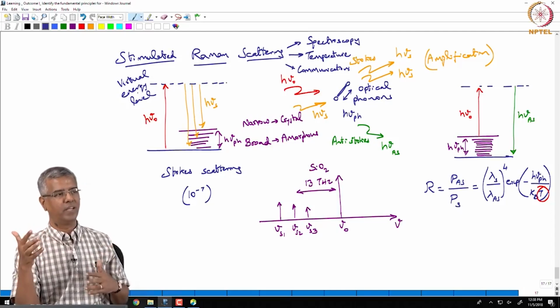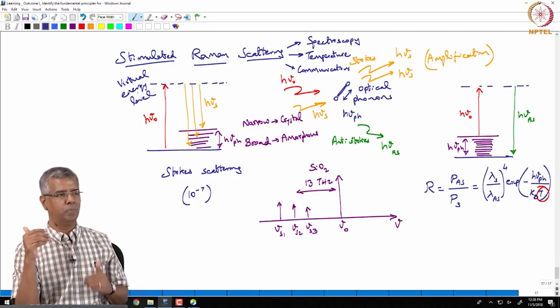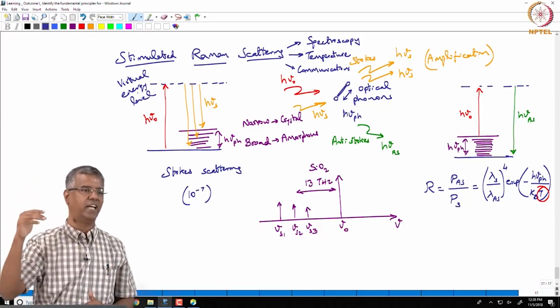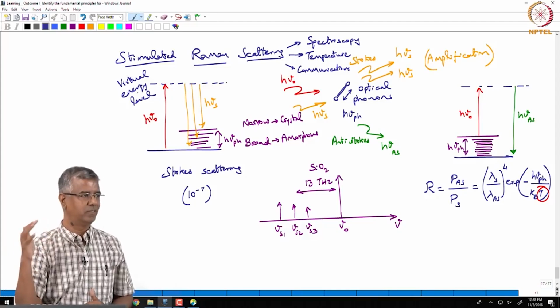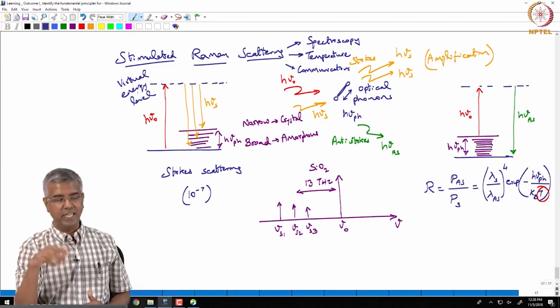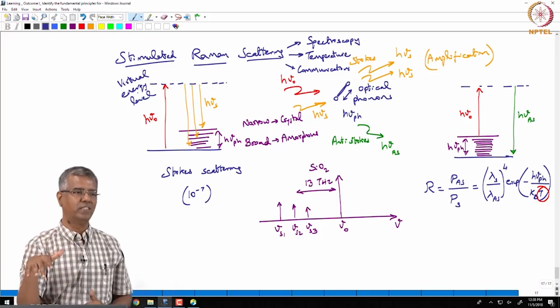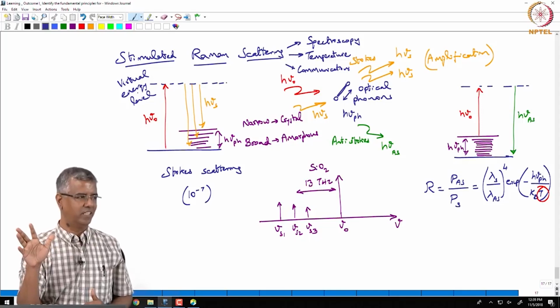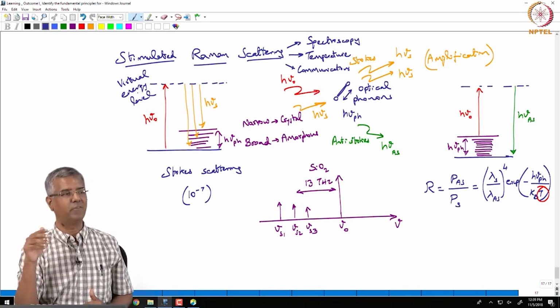And the inversion you can build with a very high level if you had a very long excited state lifetime. Remember, those were the basic concepts that we learned a while ago. So here there is no storage of energy, so there is no concept of building an inversion and all that, right? So that's a disadvantage.